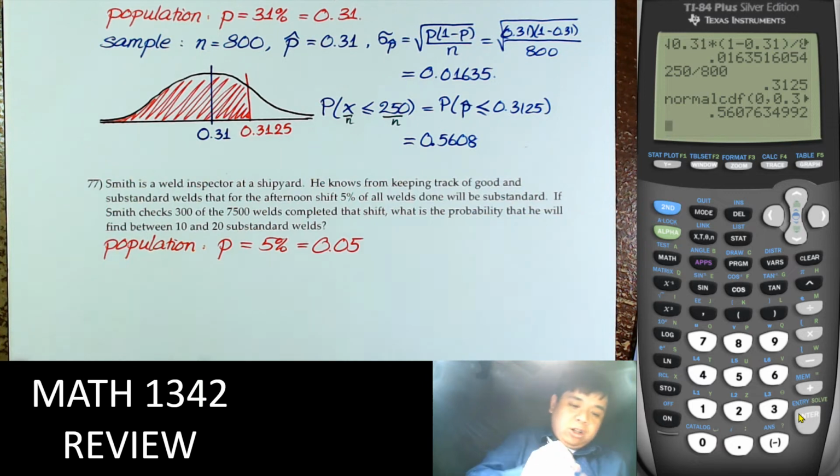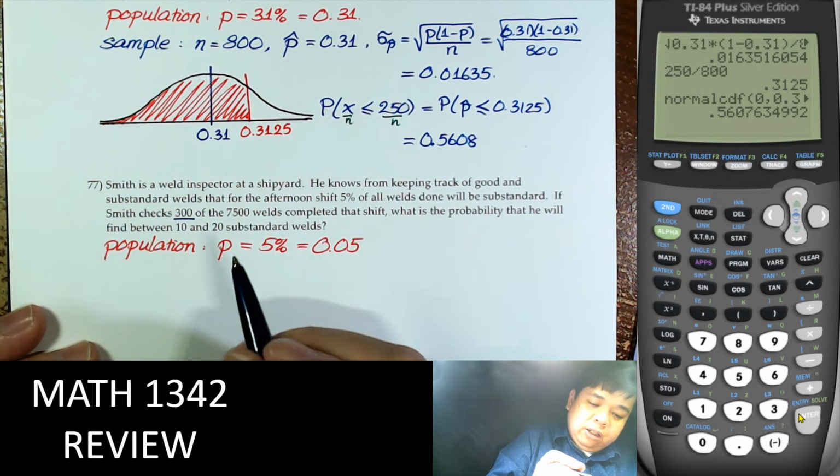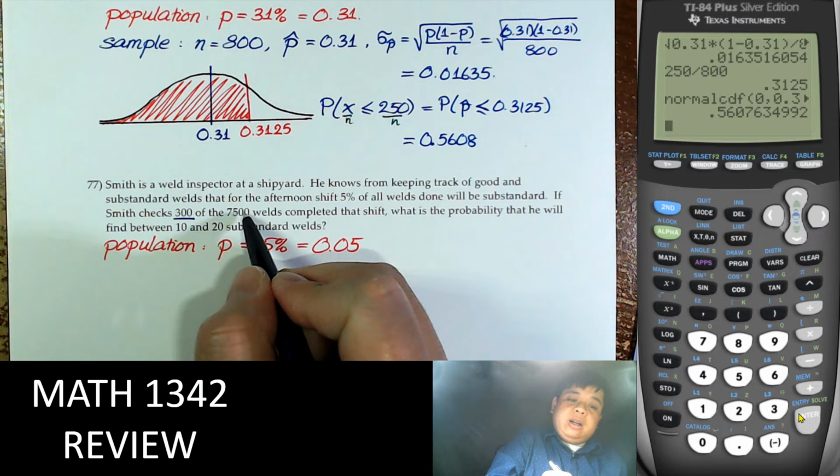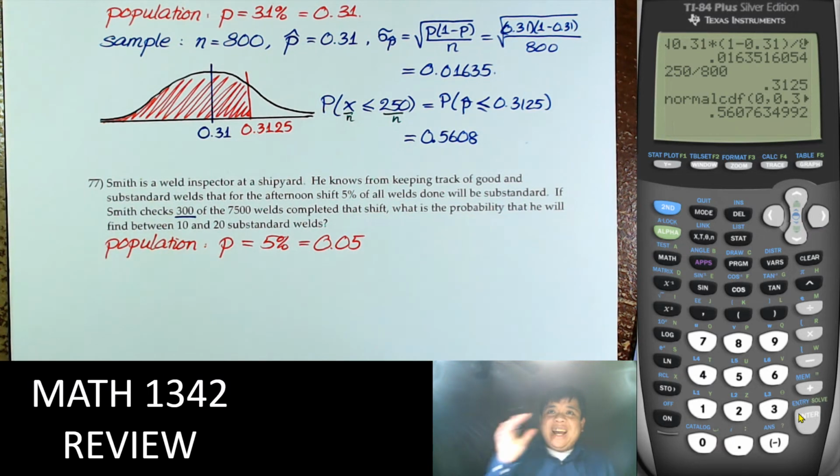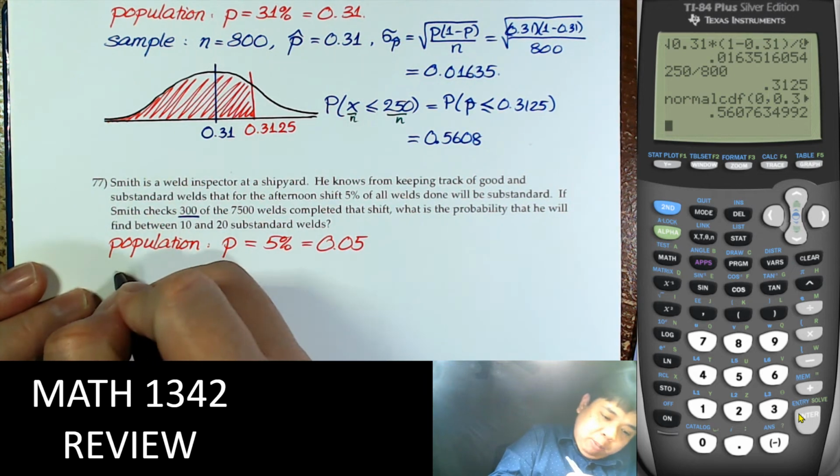If he checked 300 out of 7,500, so 7,500 is the population, 300 is less than 5% of the population, so that's good. And we can check that n times p times 1 minus p is greater than or equal to 10, so that allows this to be approximately normal.